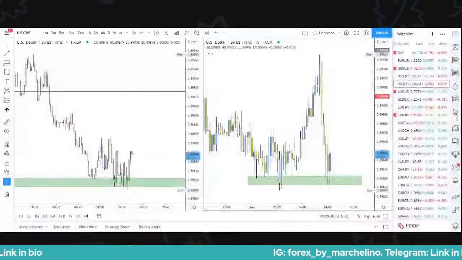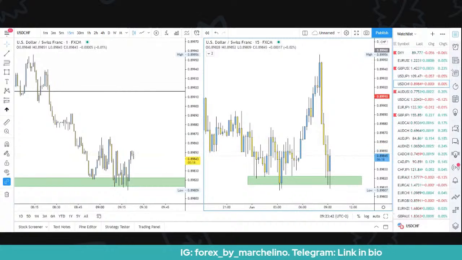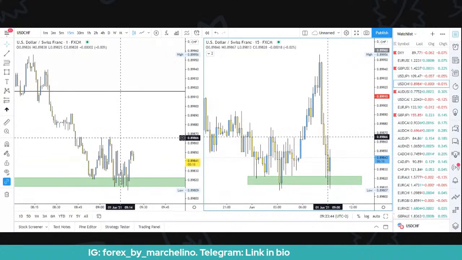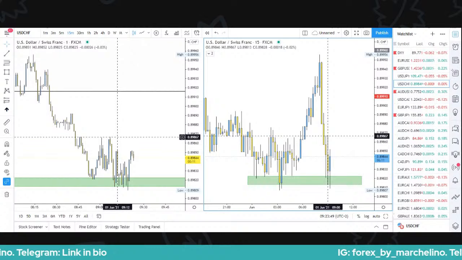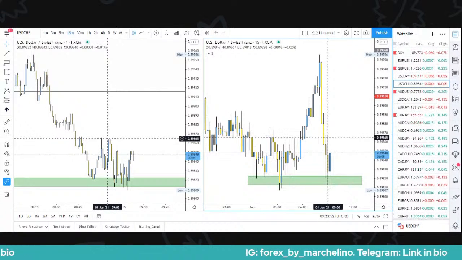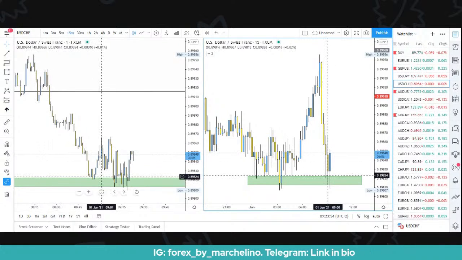USD, I would like a break. I would like a break above these regions, which is quite high actually.